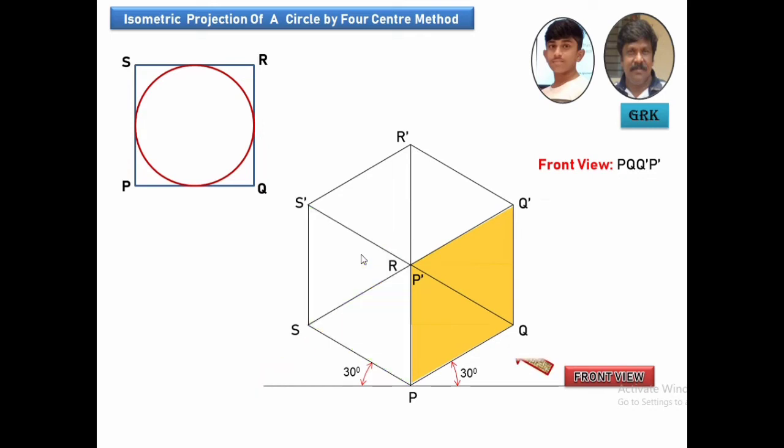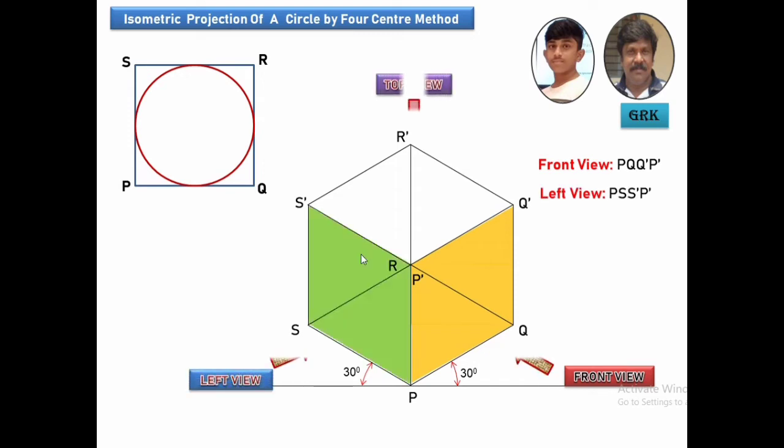Now let us understand the top view. It's nothing but P dash, Q dash, R dash, S dash. So this is the right view, the left view with a green color, and the top view with a brown color.